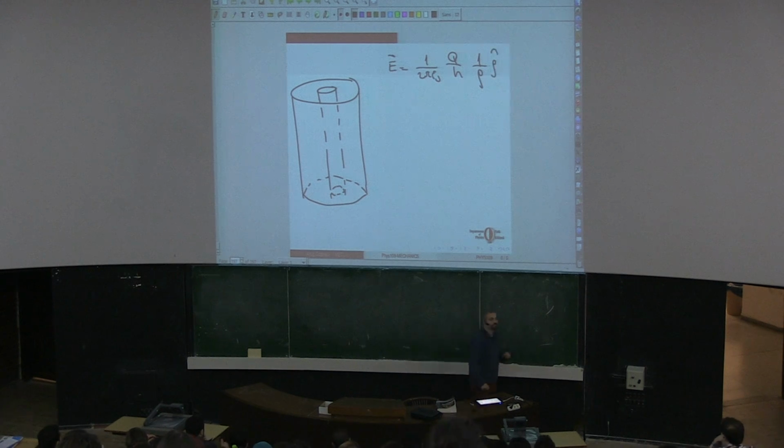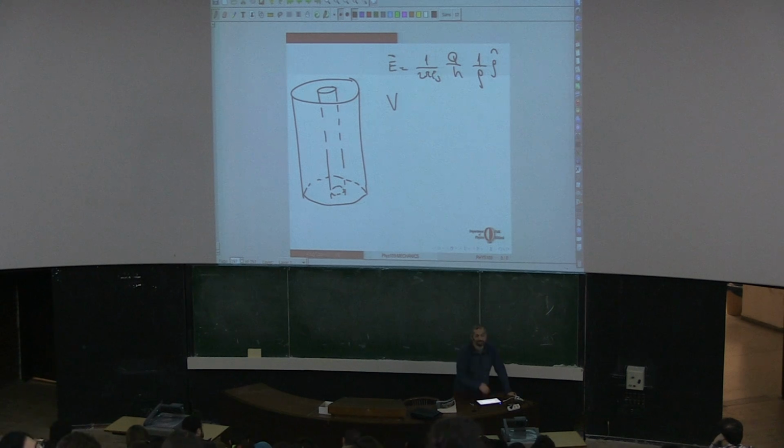Remember, we are interested in the capacitance of the system. What is the capacitance? To calculate it, what is the potential difference between the inner and the outer cylinders? That is what we need to calculate now.